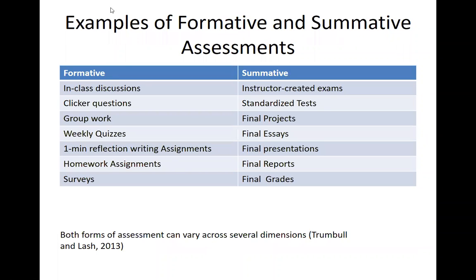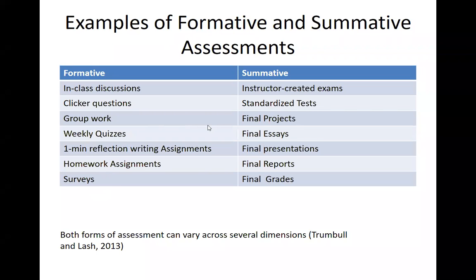Then coming to the assessments also. Inside the class, you can have formative assessments as well as summative assessments. In-class discussions, clicker questions, group work, weekly quizzes, 1-minute reflection writing, homework assignments, surveys, all these are formative assessments which you can give inside the class.